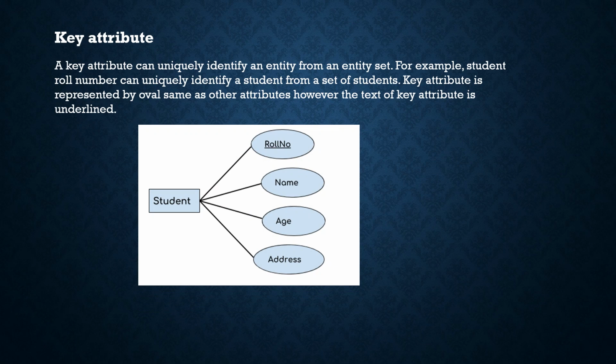Each and every student should have a different roll number. So that's why student is an entity, roll number is its key attribute, and that should be underlined here. Underline is specified, and other attributes are name, age, address.